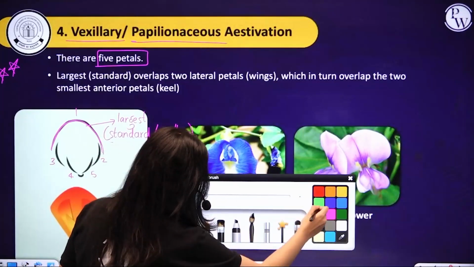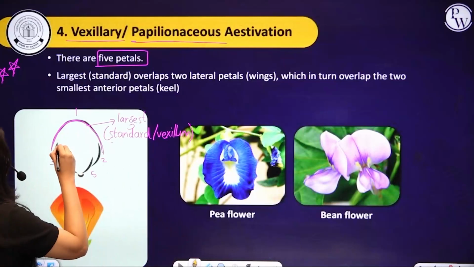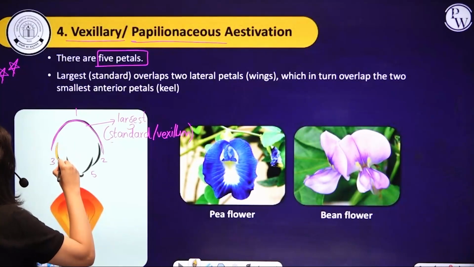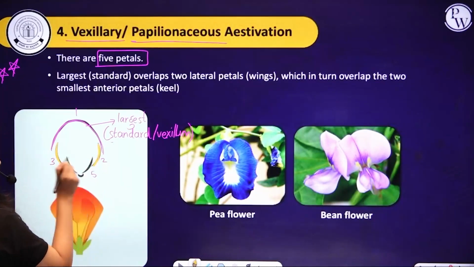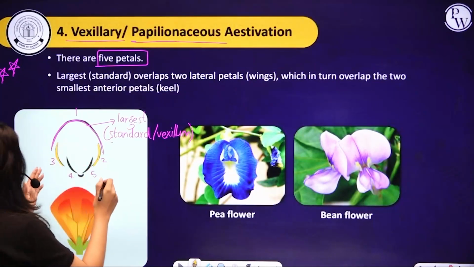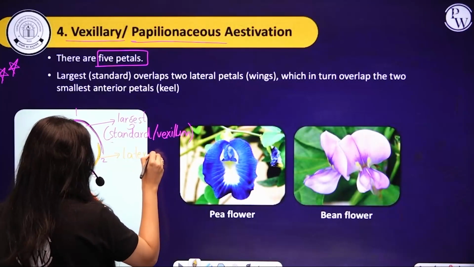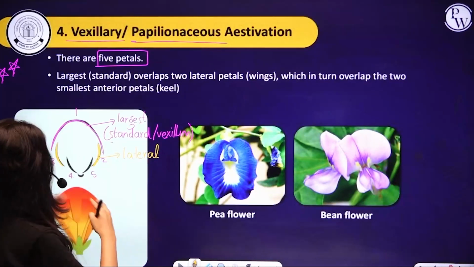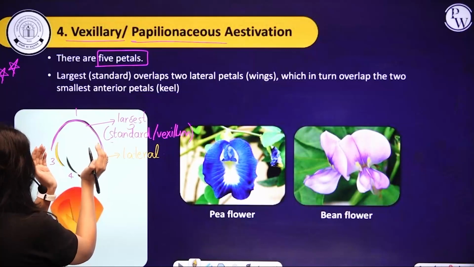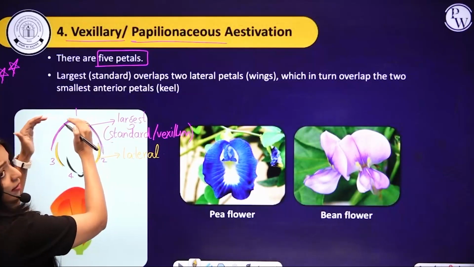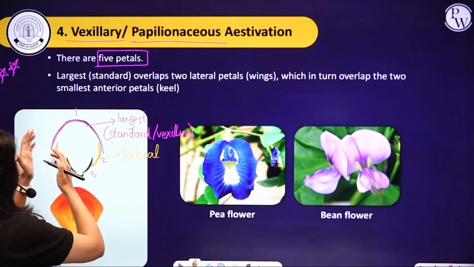This large petal at both of its margins will overlap 2 relatively smaller petals that you see here. These are lateral in position. They are present at the sides. So these lateral petals are present. These lateral petals are overlapped by the standard or vexillum, which is the largest petal.